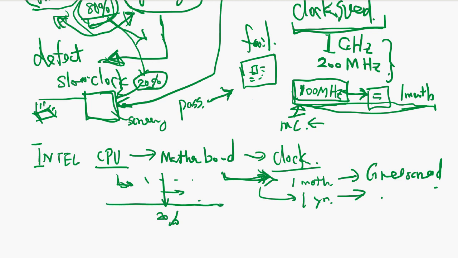When you sell it, the chip runs at the 20% pattern most of the time, and some of them run even at a higher clock. So this is a really serious issue that we cannot really address well.